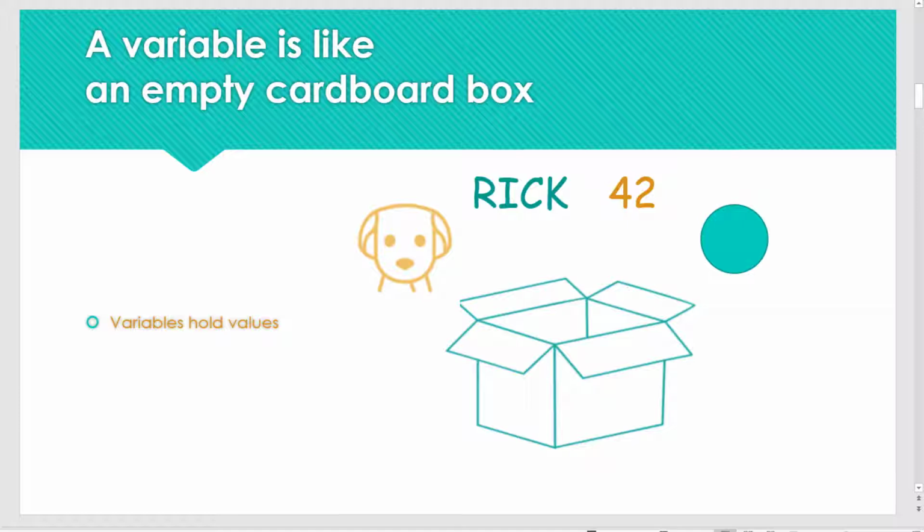A variable is like that cardboard box, with the difference being that it's in the memory of your computer. In this case, we can store values into the memory, and the values can be anything from text to numbers, but there are lots of different things that we can put into the memory of our computer, just like we can store lots of different things into a cardboard box.